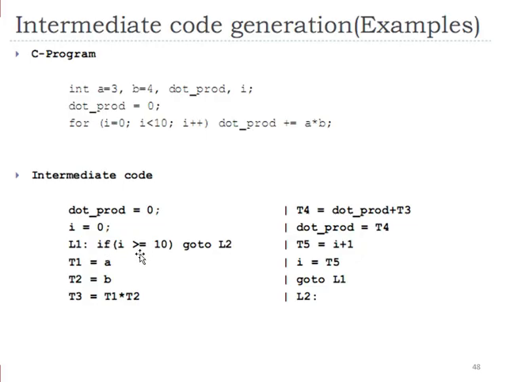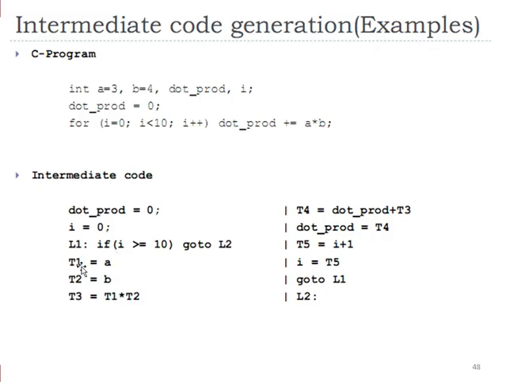But for the looping statement, we can change it into label L1, with a conditional jump: if i greater than 10, go to L2. So here we are putting the exit condition, go to L2, and do nothing if the exit condition, the upper bound, is reached.